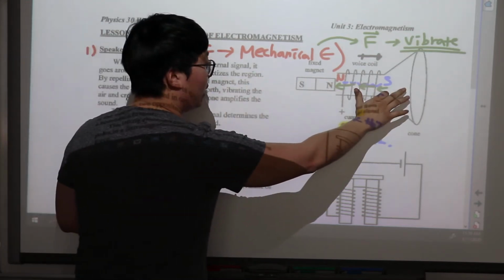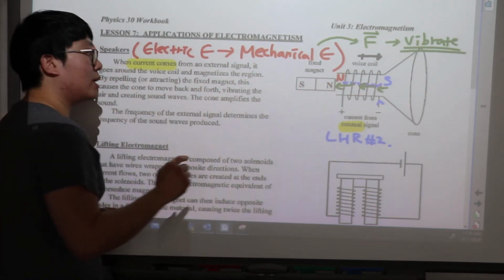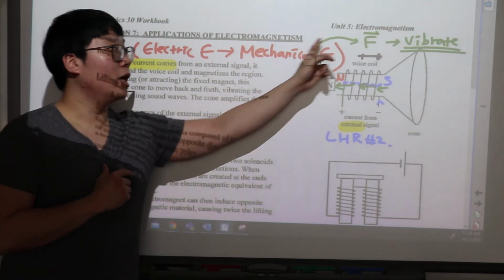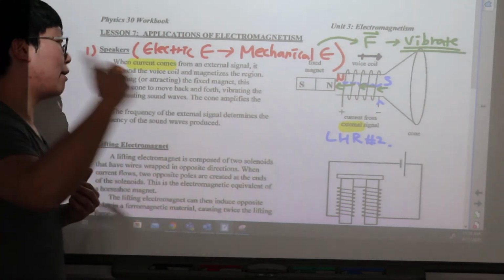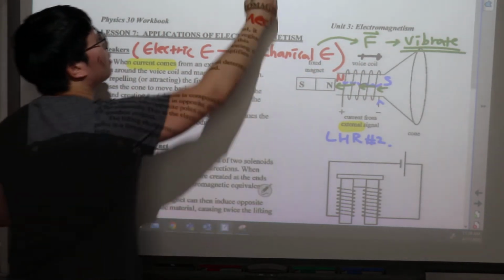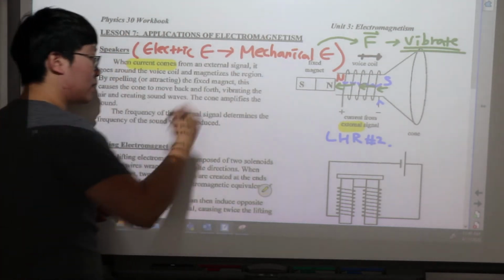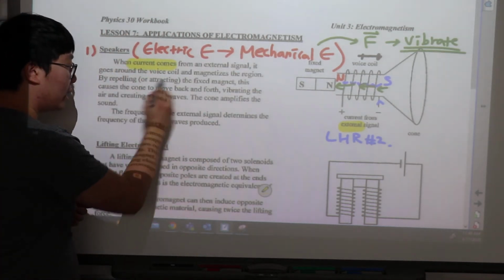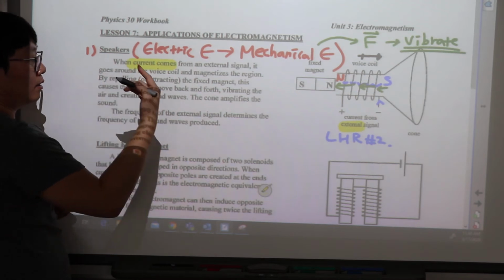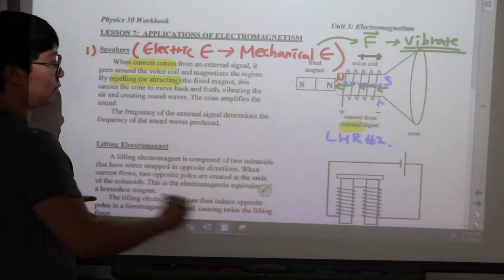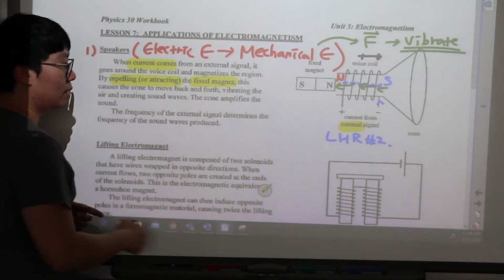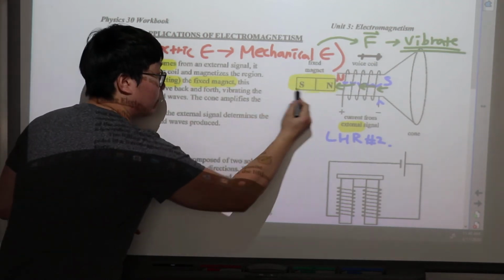By doing the repelling and attraction, you can actually create mechanical energy, and that will create the force, and that will vibrate. So, the thing that I'm going to highlight in this situation is the repelling and attraction of the fixed magnet that you see in this area over here.